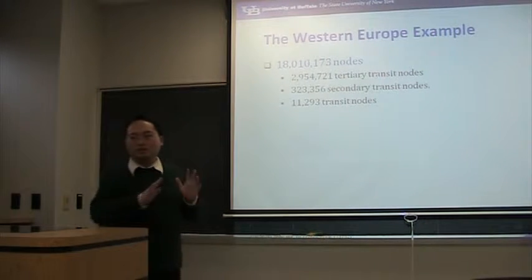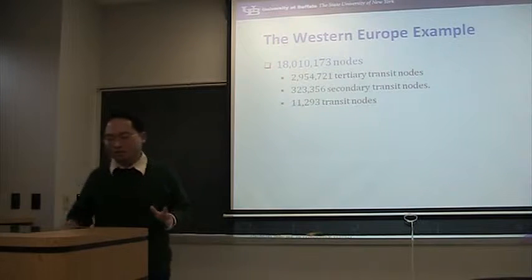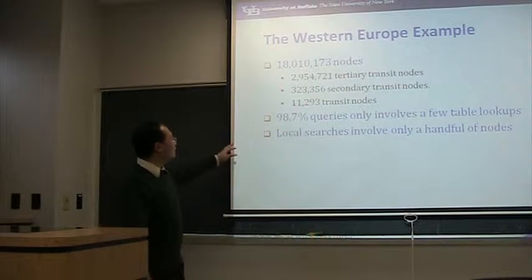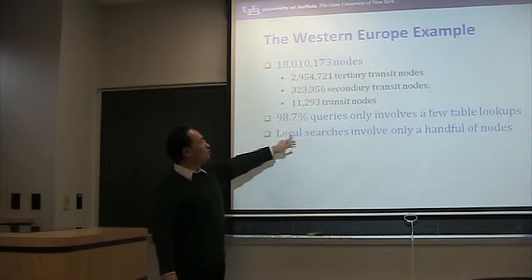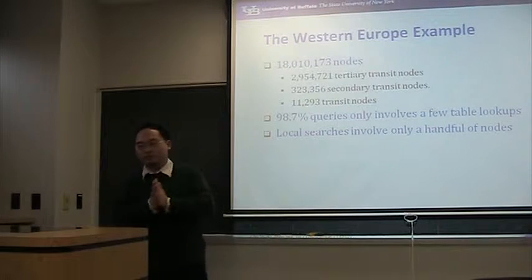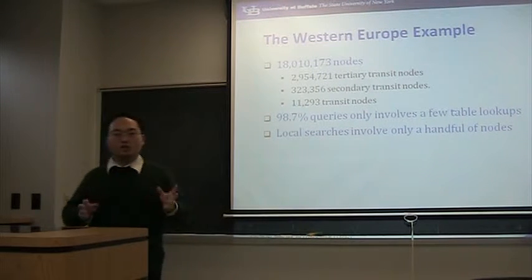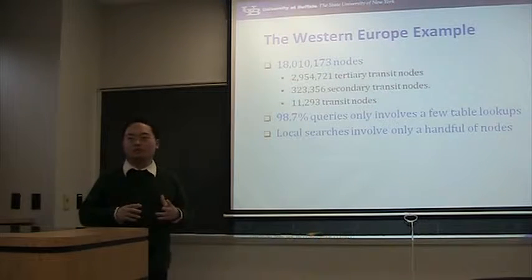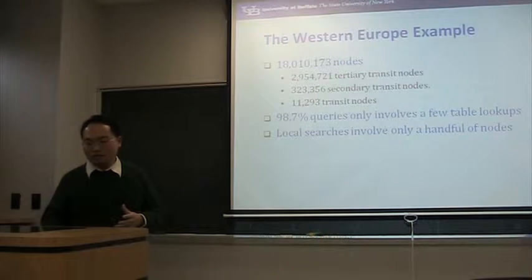So the network is constructed into several layers. And in their result, 98.7% of queries only involve a few table lookups. And the local searches involve only several nodes, so they can be done very quickly.